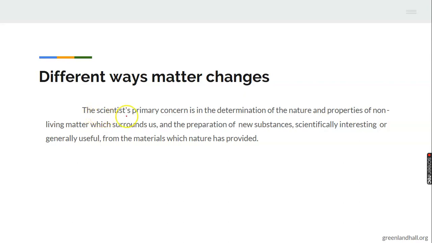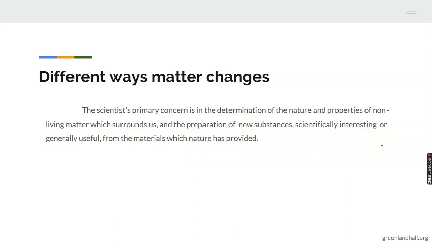The scientist's primary concern is the determination of the nature and properties of non-living matter, which surrounds us, and the preparation of new substances scientifically interesting or generally useful from the material which nature has provided.